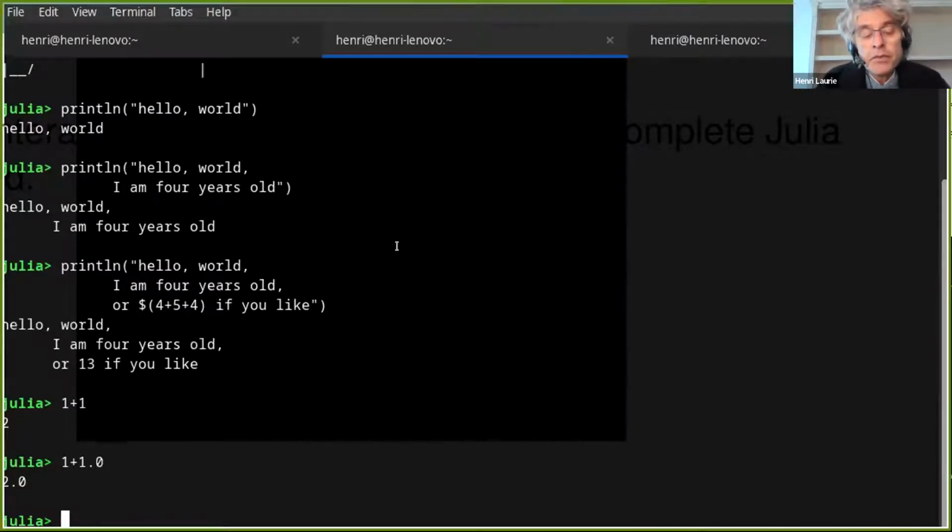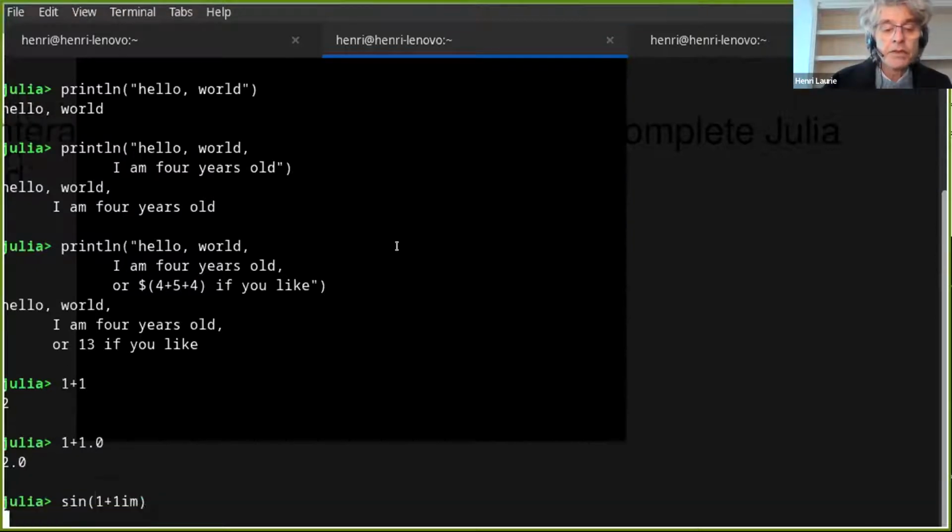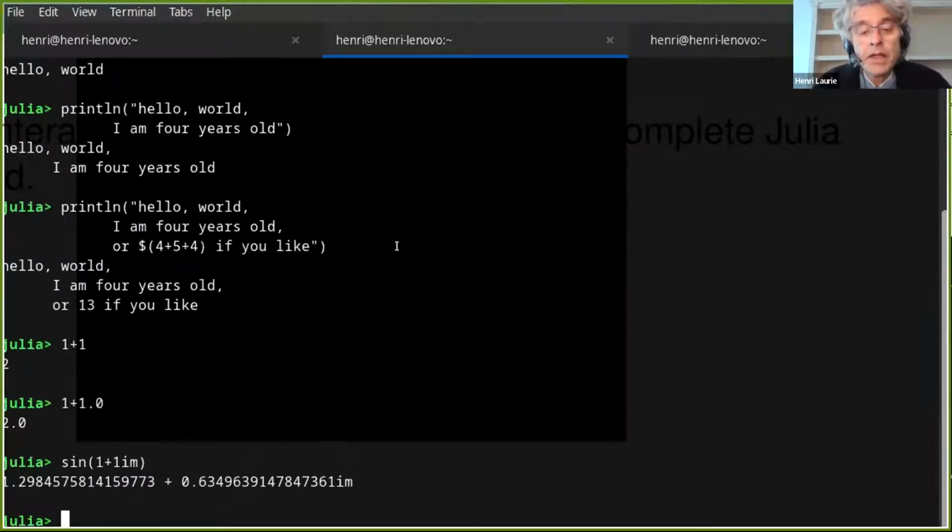In Julia, if you want to enter an integer, you don't put any decimal point, and if you want to enter a floating point number, you enter a decimal point. That's how we write a complex number. And if I pass a complex number to the sine function, Julia will just compute it for me and report it to full accuracy.